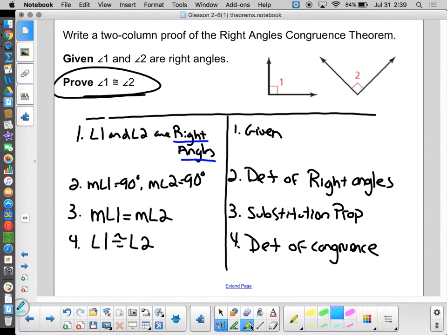Very important to note, I use given as a reason right here. Never, ever, under any circumstance, will you use the word prove in your reason column over here. It will never appear, ever. If you do it, guaranteed wrong. You might as well write in there, please take points off my test.